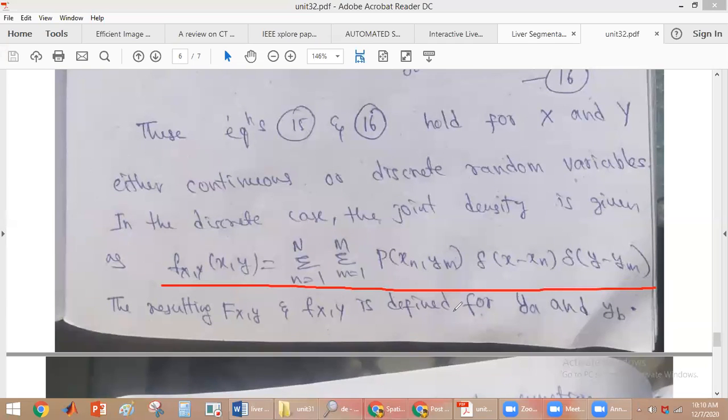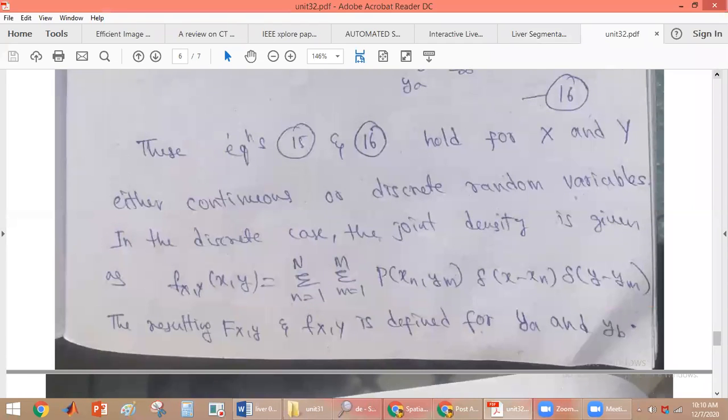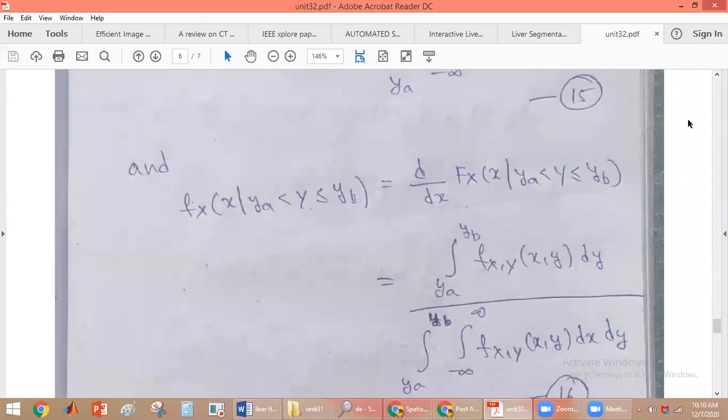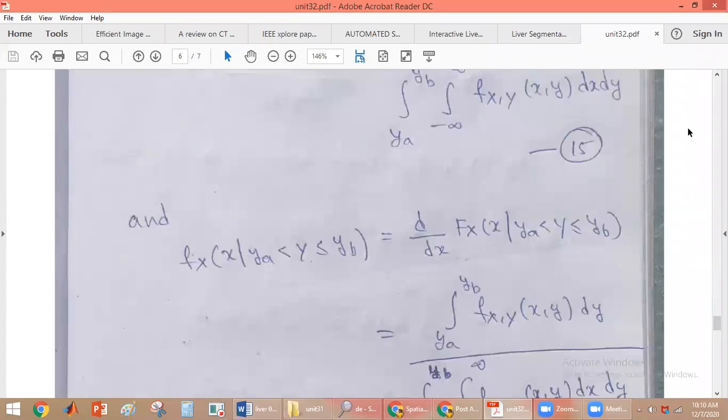This is the joint density function for the discrete random variable, which we substitute for the discrete case. Copy these equations: these two are used to find the conditional density function and distribution function for both continuous and discrete random variables.